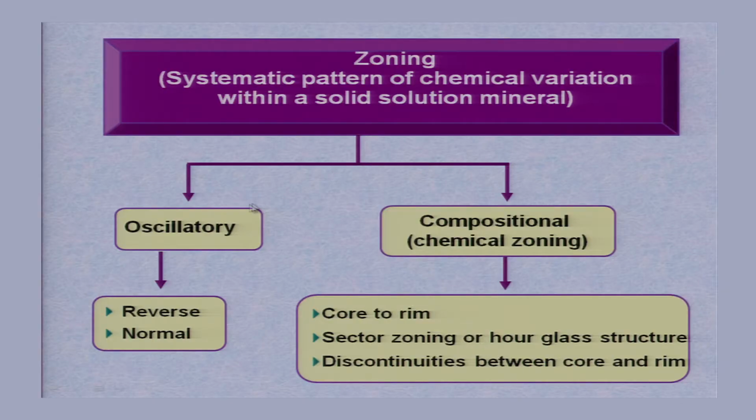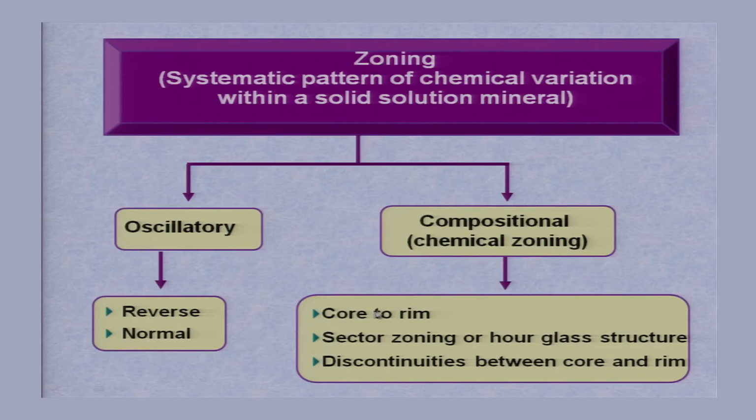Zoning is basically of two types: oscillatory zoning and compositional zoning. Oscillatory zoning is again categorized into two major types, reverse and normal zoning. Reverse zoning is also seen in some rocks, where the cooling process is reversed by the incorporation of another batch of melt. As a result, reverse oscillatory zoning is formed.